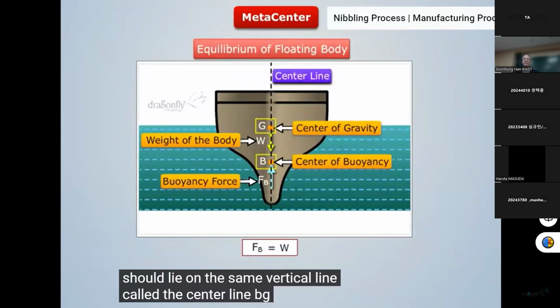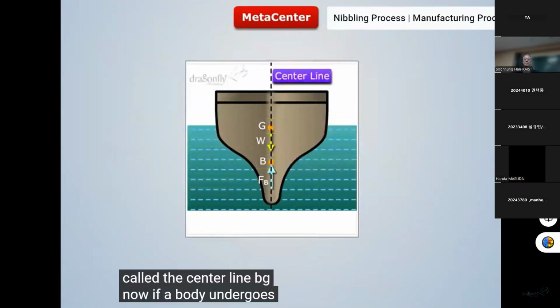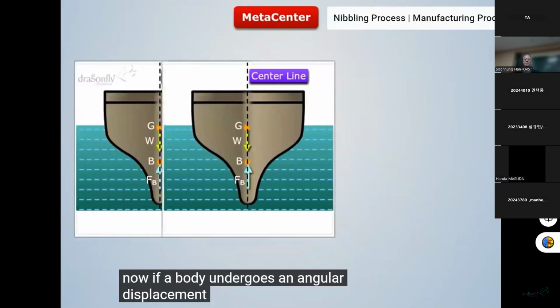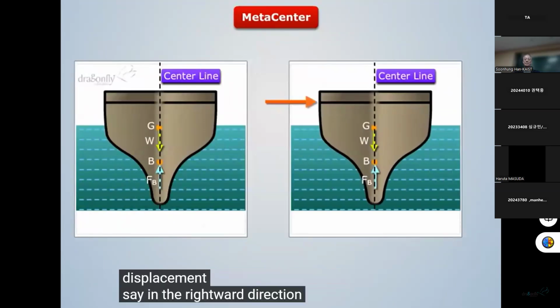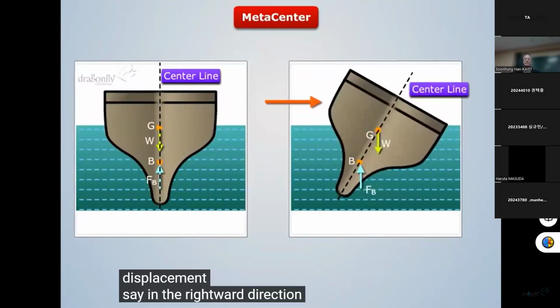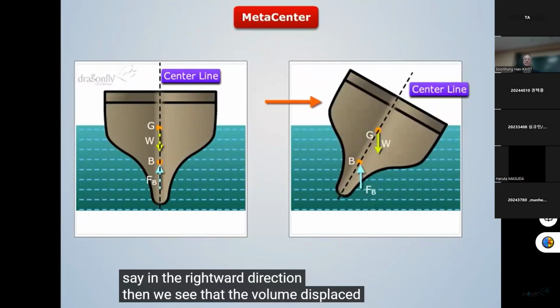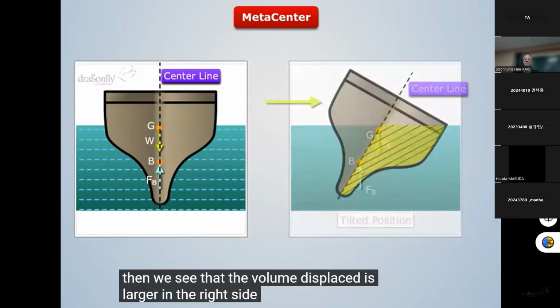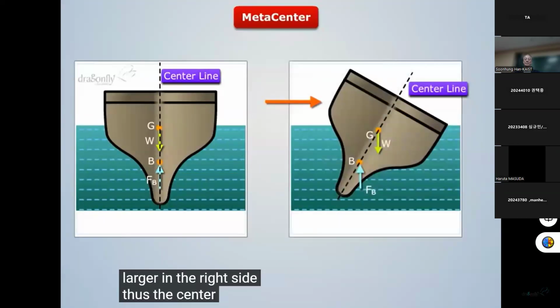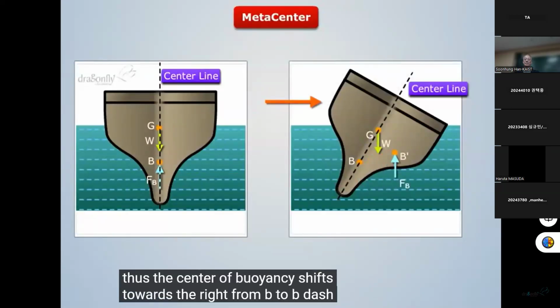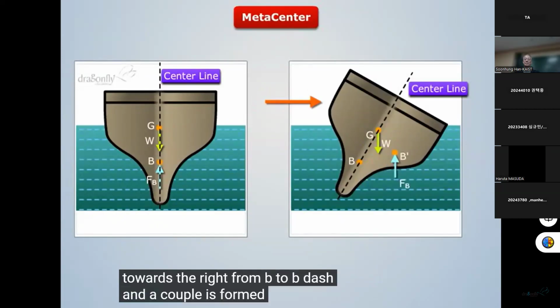Now, if a body undergoes an angular displacement, say in the rightward direction, then we see that the volume displaced is larger in the right side. Thus, the center of buoyancy shifts towards the right from B to B dash, and a couple is formed which tries to rotate the body.